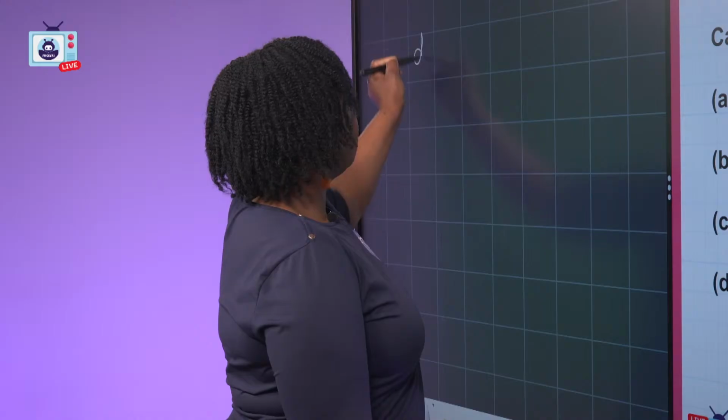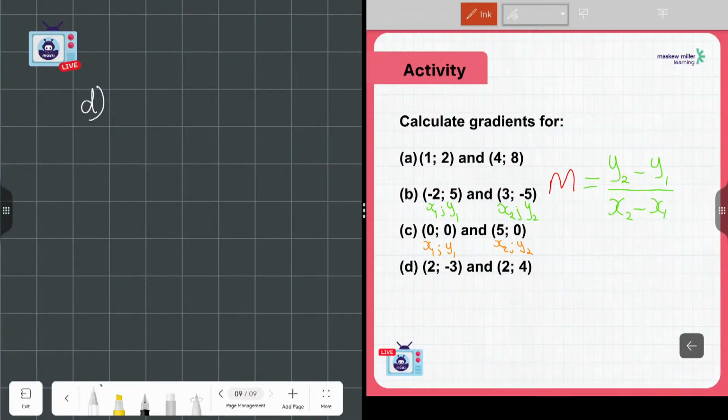Let's do the last one. We have number D. With number D, we're going to keep on labeling them, so that we know. x1 is 2 and y1 is negative 3. And then x2 is 2 and then y2 is 4. Right, so let's go.